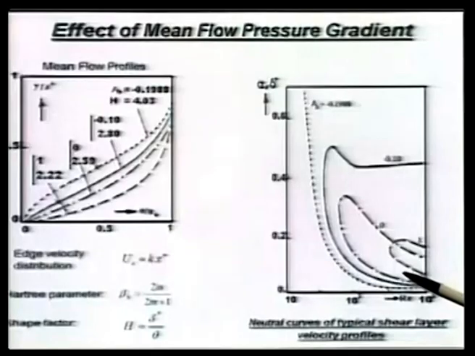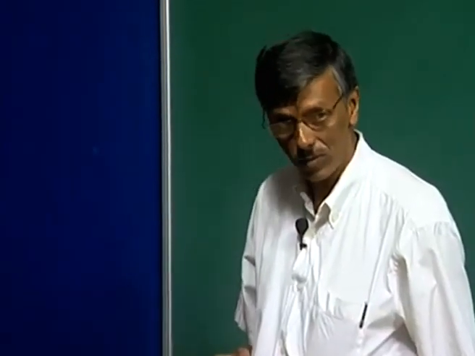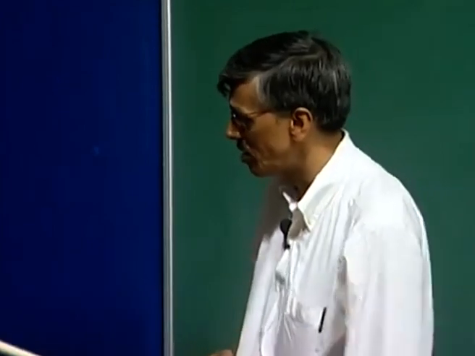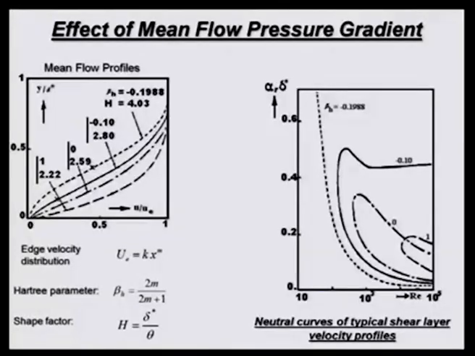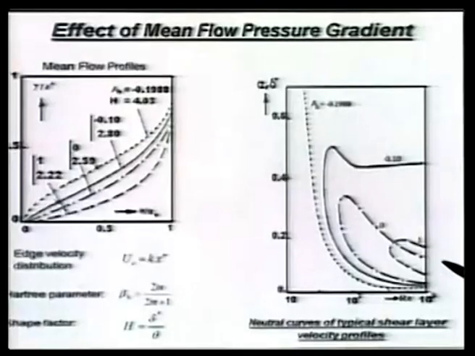And what is interesting is, if I draw this curve far down, then the upper branch and the lower branch of the neutral curve for Blasius's profile will approach each other. That is one of the features. That is what you see in all viscous flow instability. You see a limited region, and that region shrinks with increasing RE.